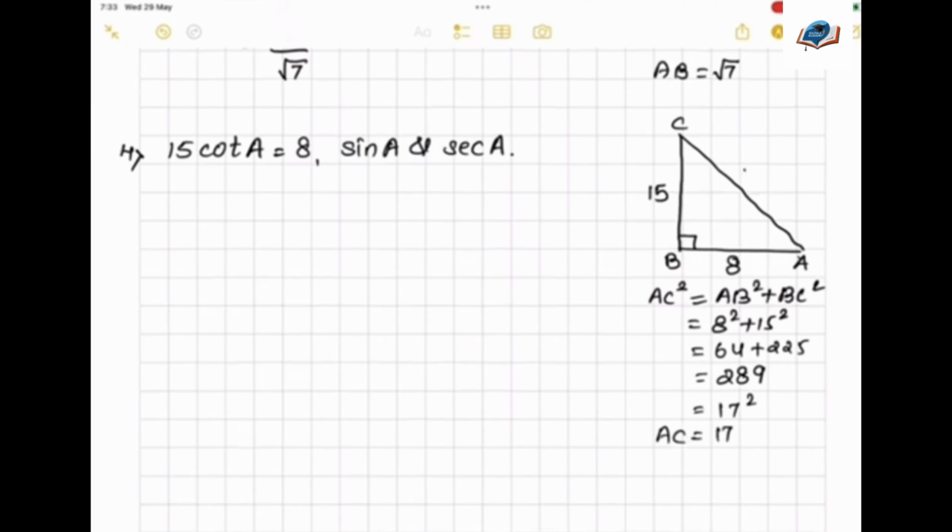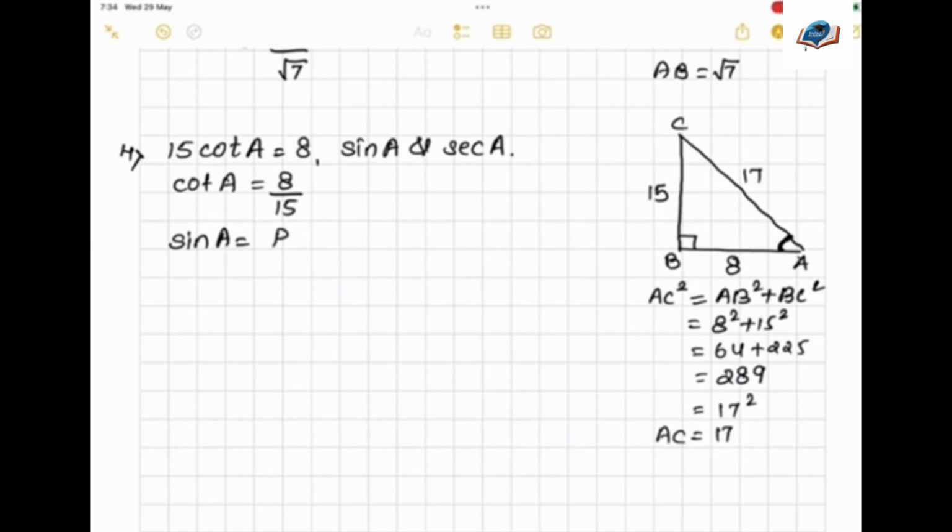Now all the three sides we have got. Now cot A will be equal to 8 upon 15. Now I have to find sin A. So sin A equals opposite, that is perpendicular upon hypotenuse.